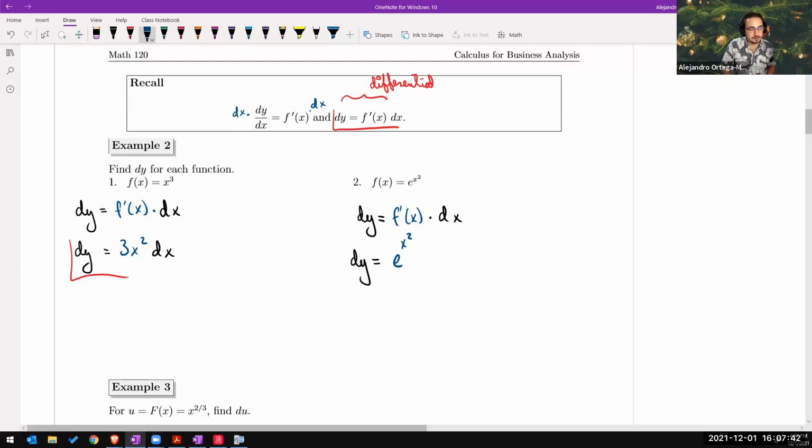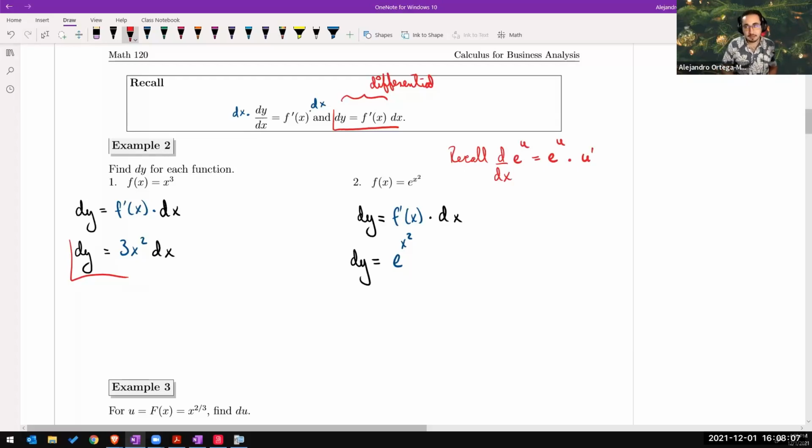But we are missing something. Recall that the derivative of e to the u is e to the u times the derivative of u.